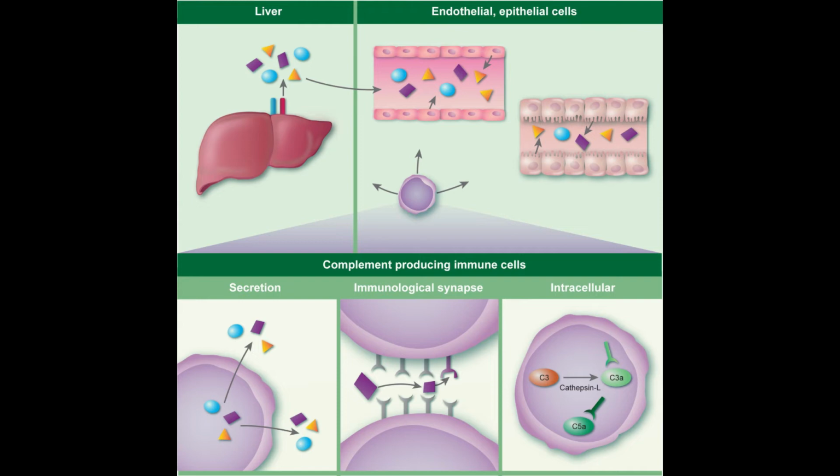Factor D, on the other hand, has a molecular weight of 24 and a concentration of only 2, and its function is to cleave factor B. Properdin has a molecular weight of 55 and a concentration of 5 to 25. Its function is to stabilize C3b to C3 convertase.